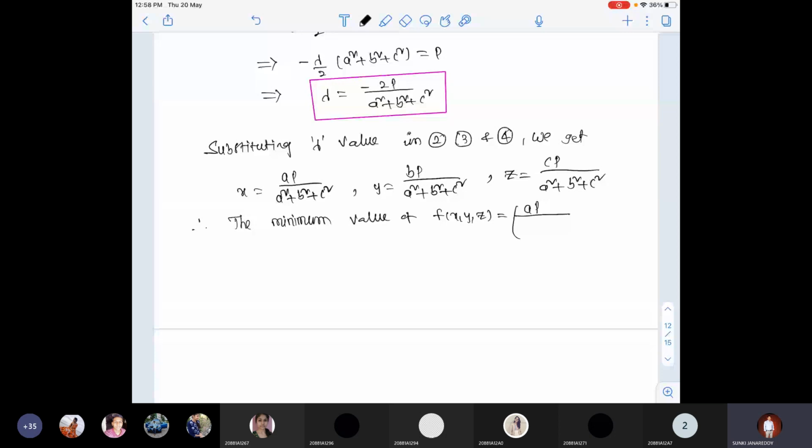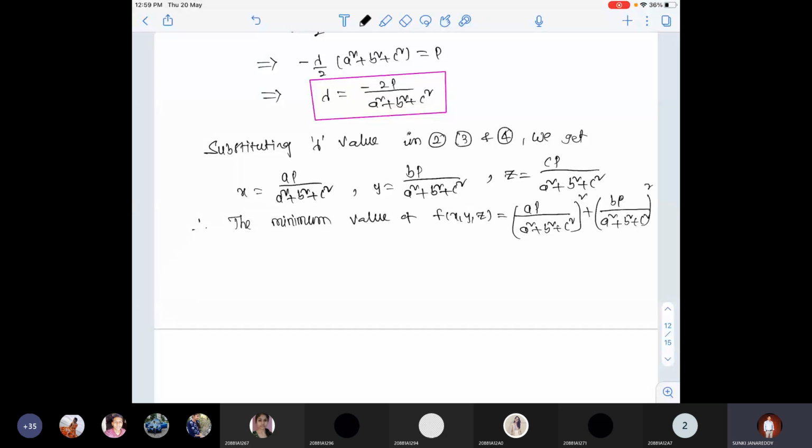So it is a p by a square plus b square plus c square whole square, that is the x value, plus y square, that is b p by a square plus b square plus c square whole square.